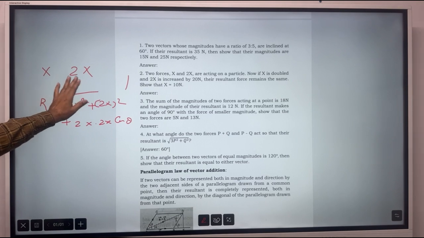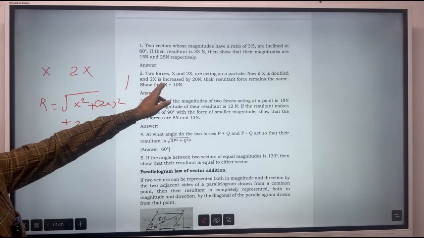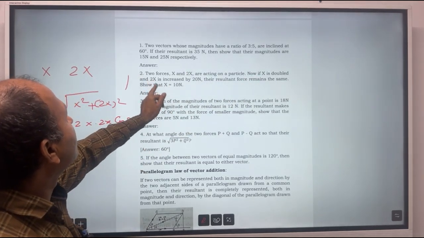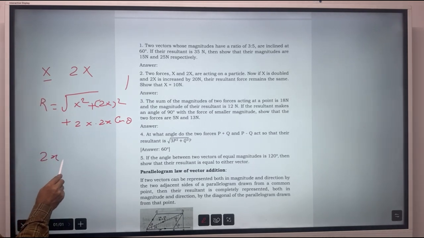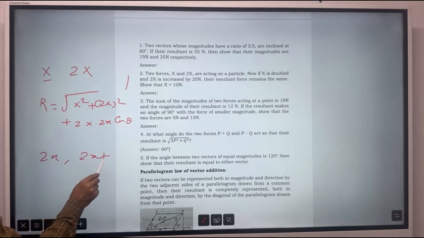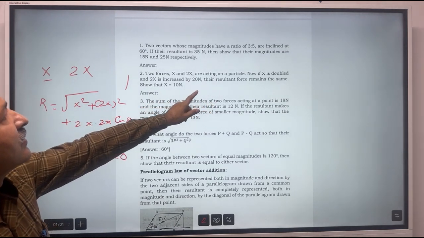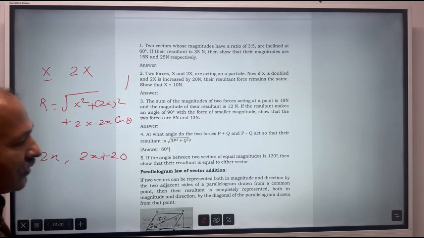Now, in our question, it is given that if the first force x is doubled and 2x is increased by 20, so this becomes 2x and the second one becomes 2x plus 20. Then the resultant does not change. They are saying the resultant remains the same, so that x equals 10 Newton.